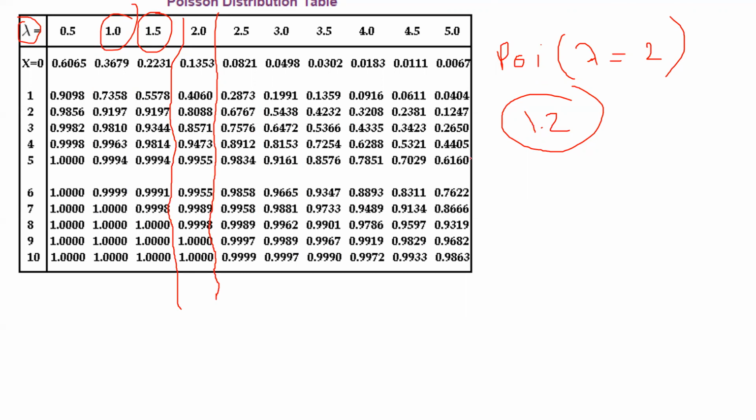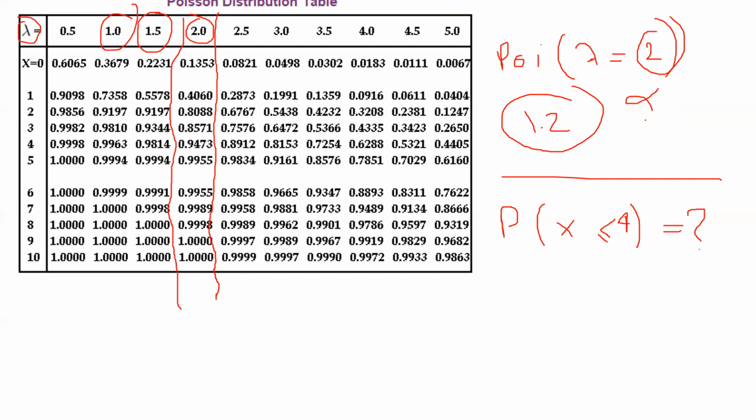So now if I ask you questions from this table, like what's the probability of x less than or equal to 4? Now, you know that we should only check this column because lambda is equal to 2. In the lecture, we also showed lambda as alpha. I usually don't prefer that because later you will see error and we will show it by alpha, so the level of significance will be shown by the same notation.